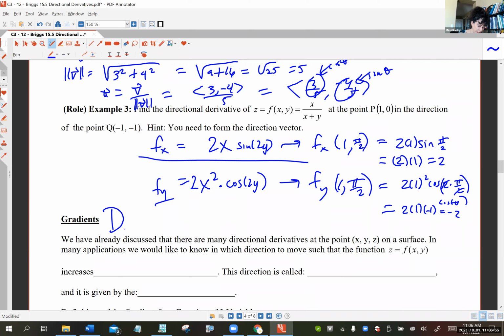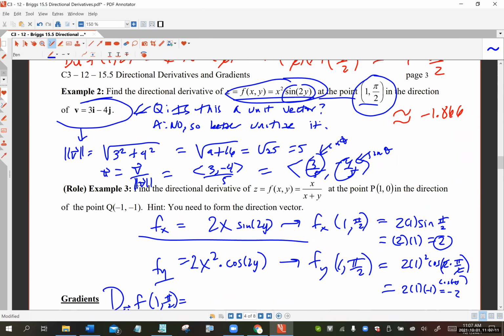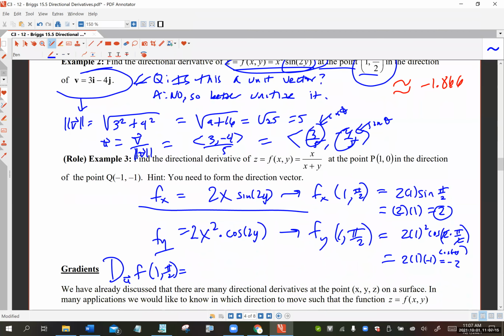The directional derivative, big D subscript u of f, at the point 1, pi halves is f_x. Excuse me, Professor. For the f subscript x, wouldn't it be sine pi as well? And then it would be 0. Oh, you're right.